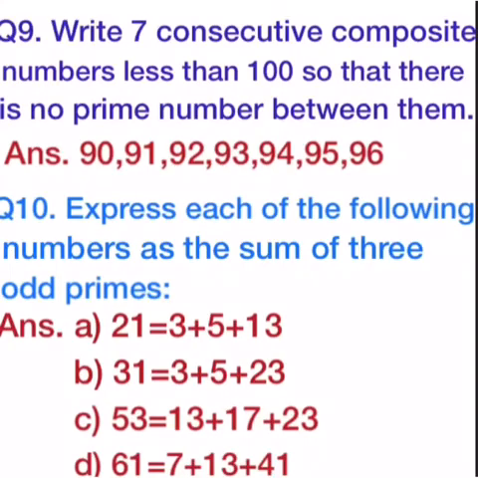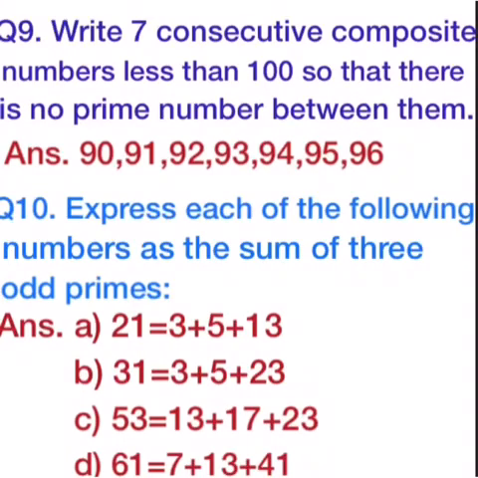If we reach the end, before 100, from 90 to 100, we will find 7 consecutive numbers, that is 90, 91, 92, 93, 94, 95 and 96. So these are 7 consecutive composite numbers which are less than 100.